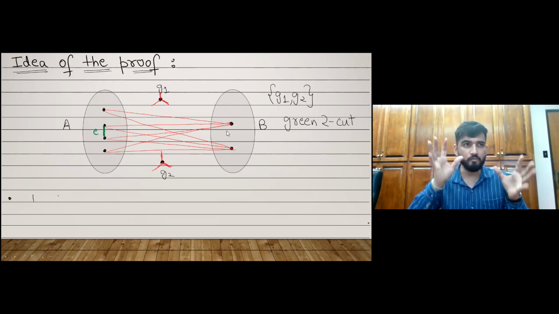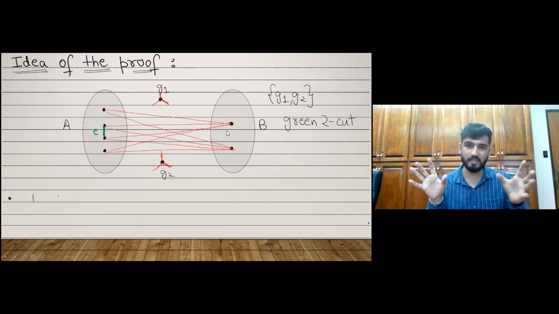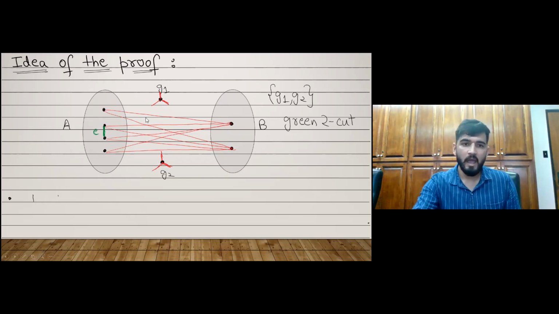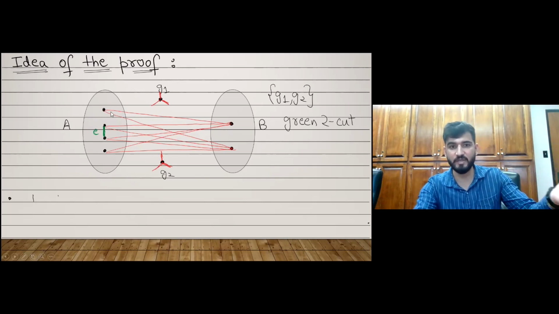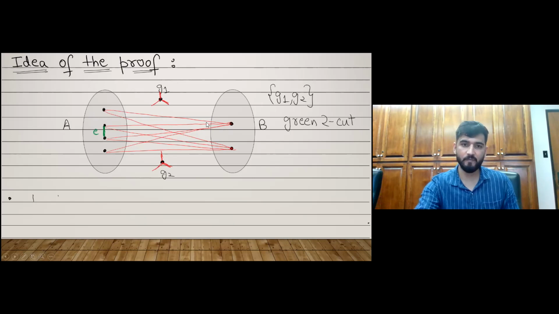Now if you look at this, all the edges going from A to B would be red, right? Because if G1, G2 is a cut of the graph, that means the vertices in A and B are not adjacent, which means that they're adjacent in the complementary graph, which means the red graph.